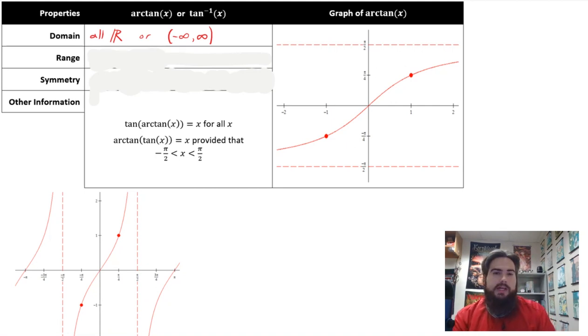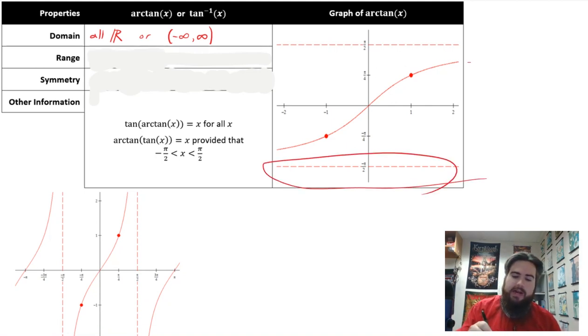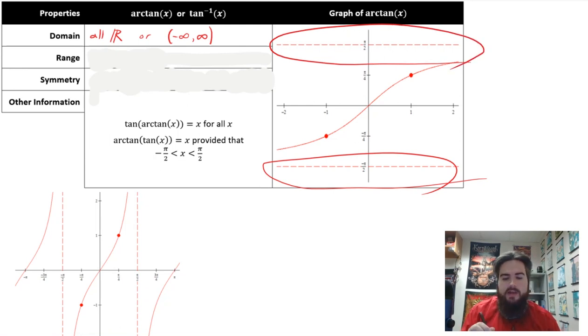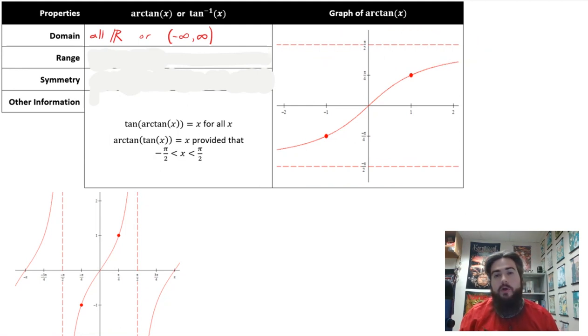For the range, on the other hand, the range is more restricted. It does not go for all real numbers. As seen from the graph here, our range is restricted based on the asymptotes we have. The asymptotes that we have, though, at negative pi halves to pi halves should sound relatively familiar because that's very similar to the range we had for arcsine, which was negative pi halves to pi halves, both inclusive.